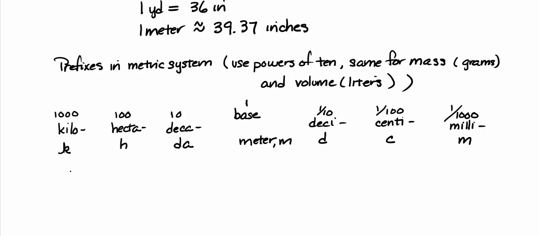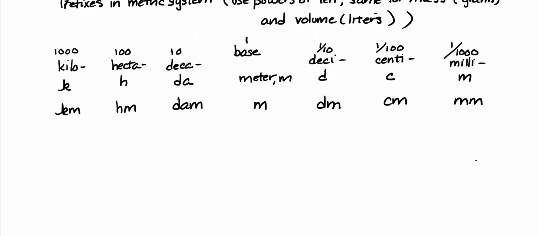So if we're talking about just the length, we're going to have kilometers, hectometer, decameters, meters, decimeters, centimeter, and millimeter. Okay, and one of the mnemonics some of my students have told me before is King Henry died once drinking chocolate milk.